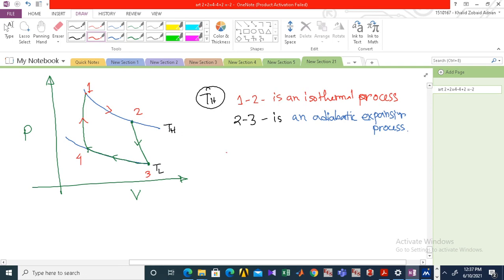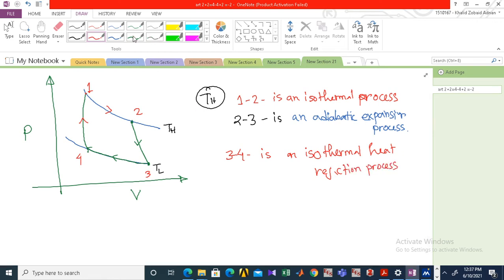From 3 to 4 is an isothermal heat rejection process. Okay, and this one is the isothermal heat addition process. So we want to take heat from the top, at the source temperature TH, and we will need to reject some of the heat at our lower temperature.